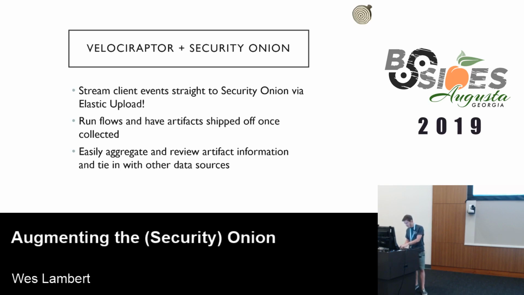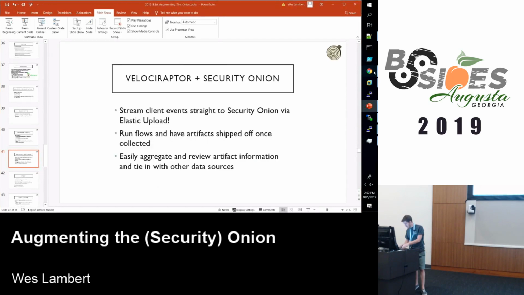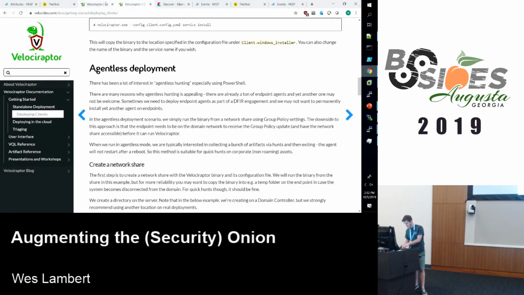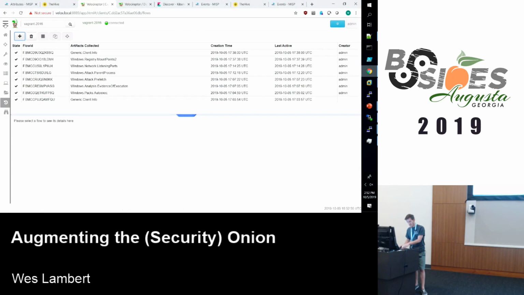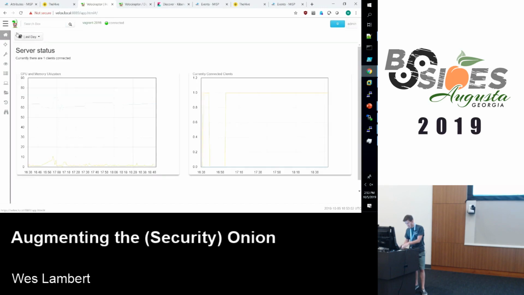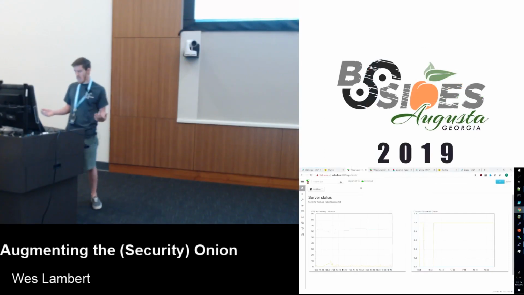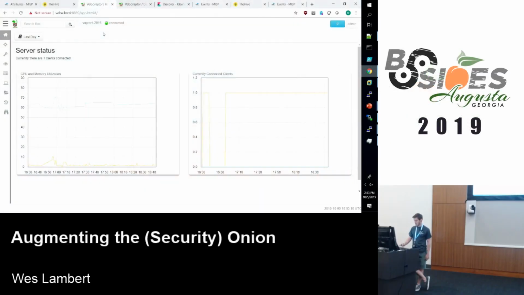To give you an example of that, and real quick, just to show you Velociraptor. So I've got it running here, the server. It's a fairly simple interface, kind of no frills kind of thing. Let me see if I can go back home here. All right, so this is just the interface here. Just the server status here is what you've got up front.